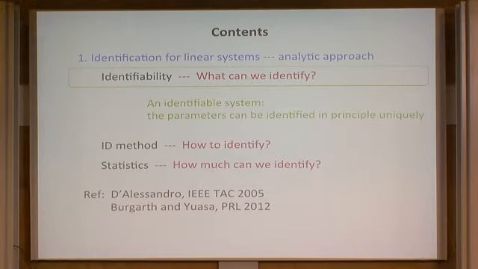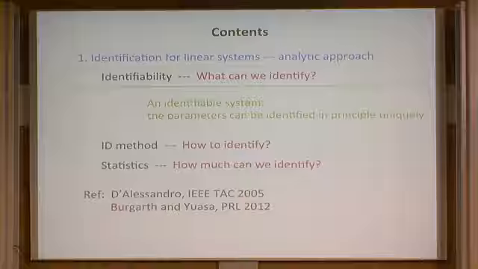Now I'm describing the first topic, identifiability. An identifiable system is one whose parameters can be identified uniquely in principle. This is very important, because if we know beforehand that the system is not identifiable, then we shouldn't try to estimate the parameters.